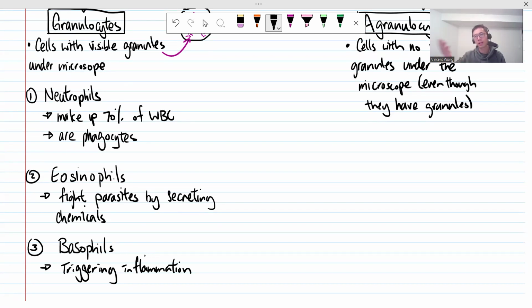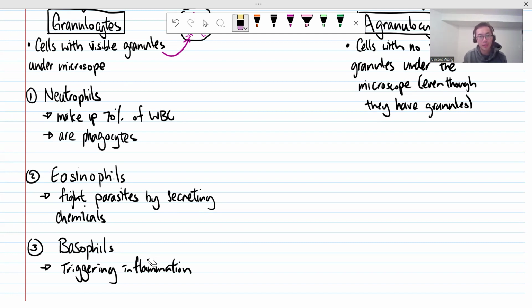So you know inflammation, right? Like when you cut your finger, it's gonna be painful, it's red, it's hot, and it's a little bit swollen. All these are characteristics of inflammation, and that is brought on by the basophil.